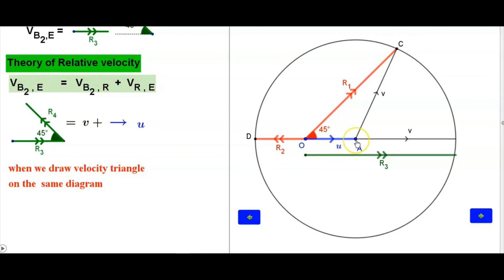Therefore, U here, V in a direction we don't know, but the resultant R4 is at 45 degrees with the horizontal. This is also one of the velocity triangles.